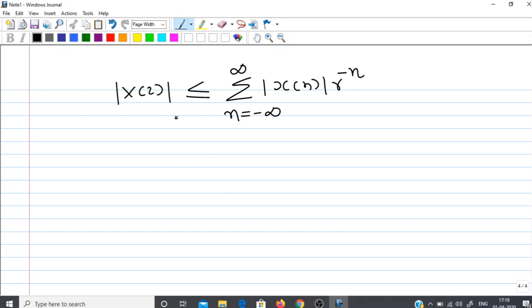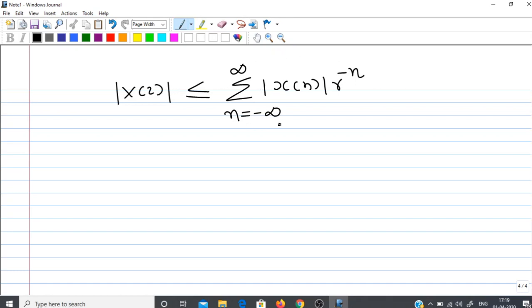So this mod X(z) will be finite if this thing is finite. So what is the condition for the existence of the Z transform? That mod X(z) should be finite. And if this quantity is finite, then mod X(z) is finite, because mod X(z) is definitely less than this.